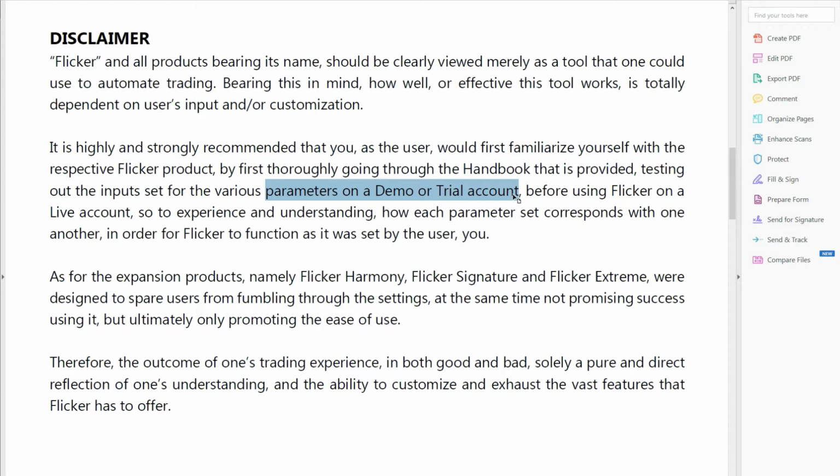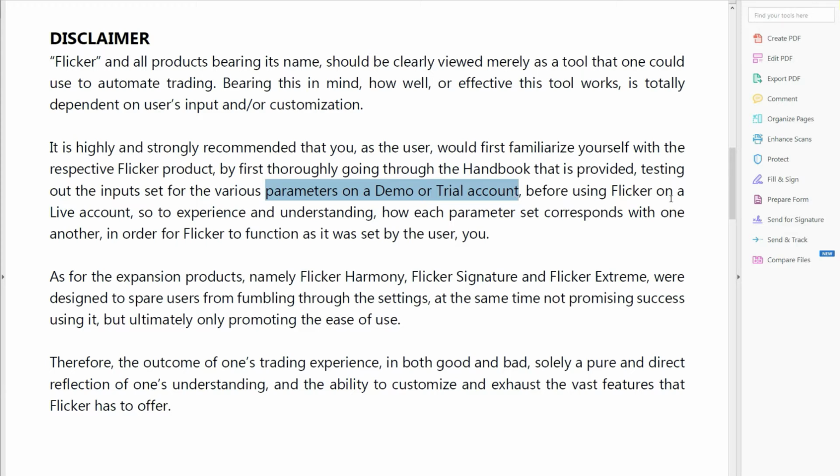I believe we shouldn't be so reckless or so blind, because with all the info that's being provided to you, you should take the extra step to understand it before you use a particular product.